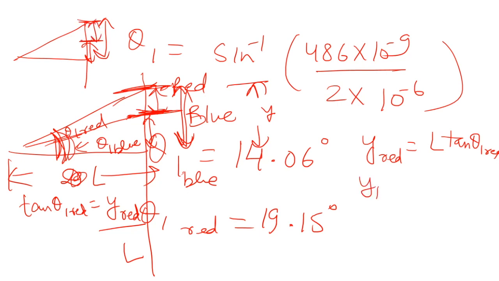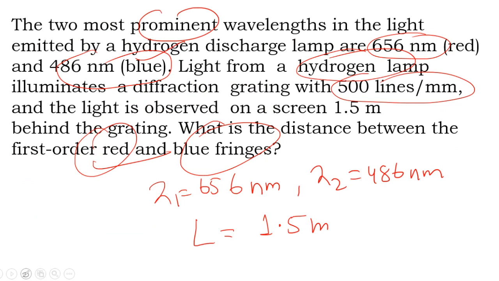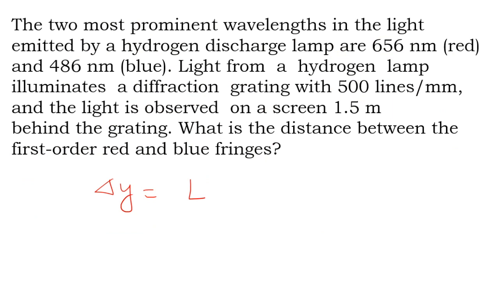So y of blue I'll write as L tan theta 1 blue. And if you want to calculate delta y, delta y will be L times tan theta 1 of red minus tan theta 1 of blue.